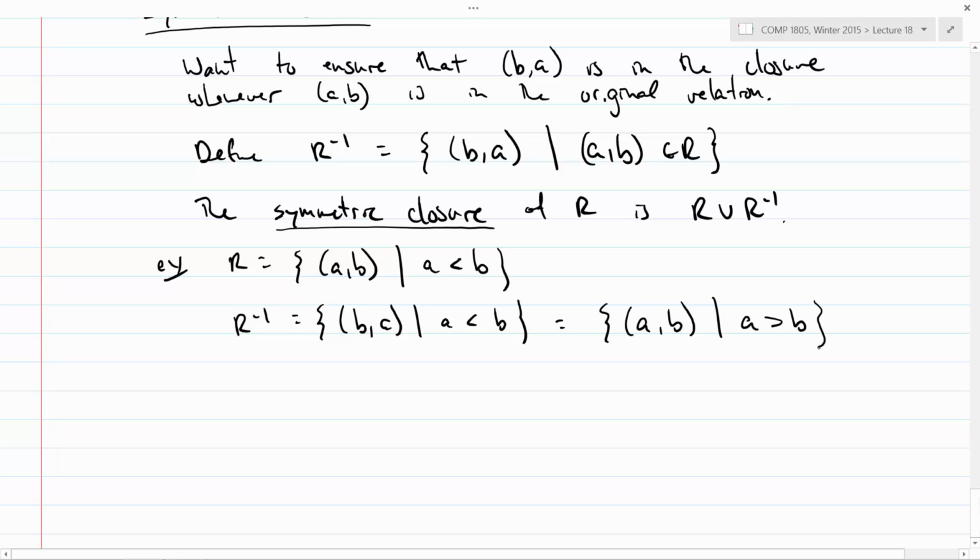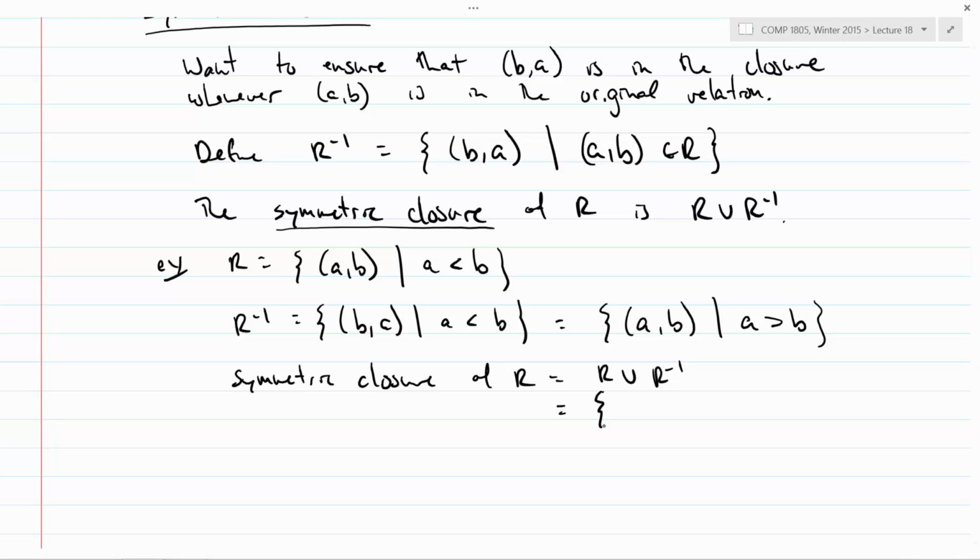It's not wrong to phrase it the other way, but I find this a bit more natural. Then the symmetric closure of R is just R union R inverse. And what is the union of these two things? We've already done it. a does not equal b. So the symmetric closure of the less than relation is the not equal to relation, which is maybe kind of interesting.